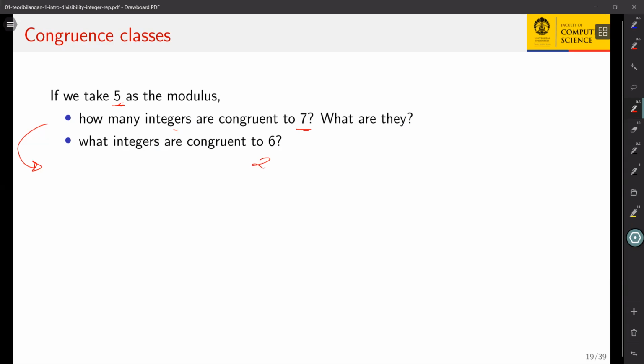Well, 7 itself. 7 is obviously congruent to 7 modulo 5, because 7 minus 7 is divisible by 5. What about the rest? Are 2 and 7 the only integers congruent to 7?